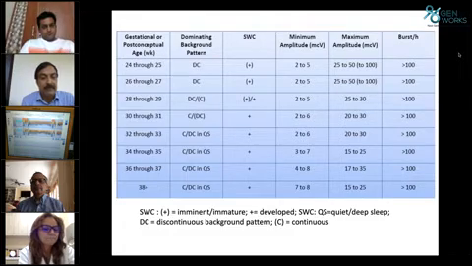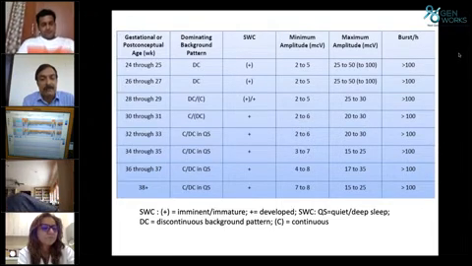She has mentioned repeatedly, the more premature the baby, the more discontinuous the background pattern. And as the baby matures from prematurity to maturity, this discontinuous pattern becomes more of a continuous pattern.